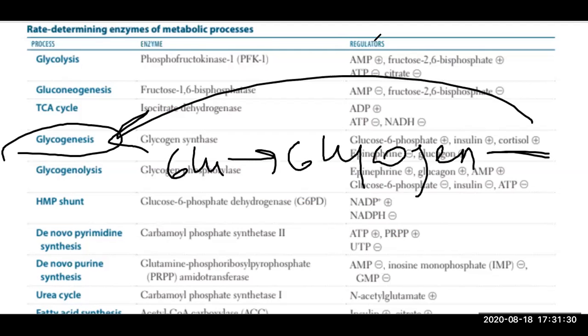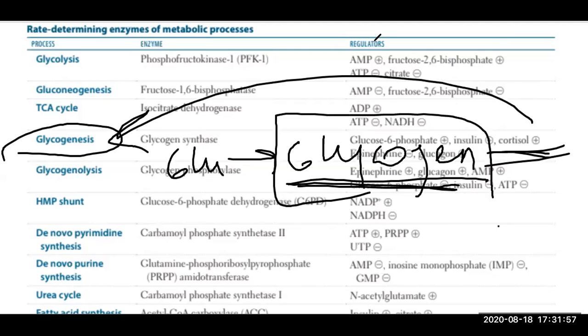It means that cortisol is secreted when your body does not need glucose, when your body is in a well-fed state. When you are not starving, when you are not hungry, at that time cortisol is secreted. Cortisol has other functions also, but one of the functions is the formation of glycogen.